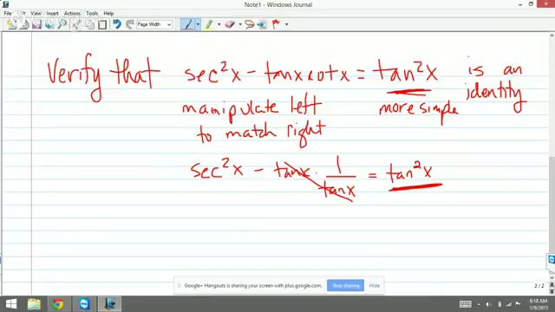Try to find these as we go through that, so I'm giving you time. So the identity: secant squared x equals tan squared x plus 1. That's an identity in your book, the one I gave you. So I'm going to substitute now.